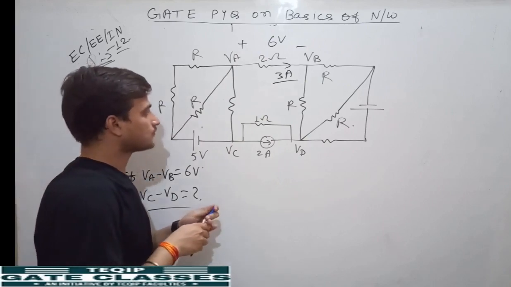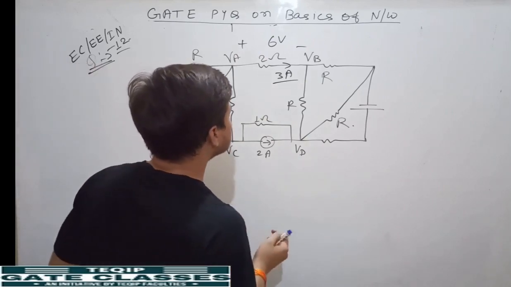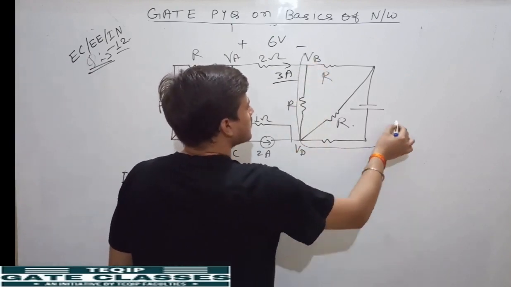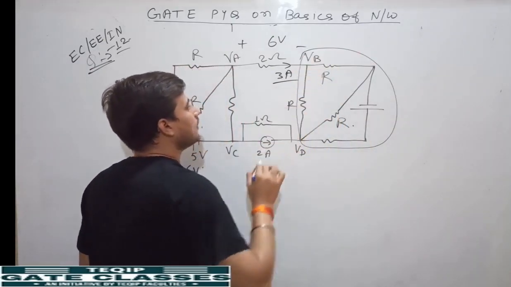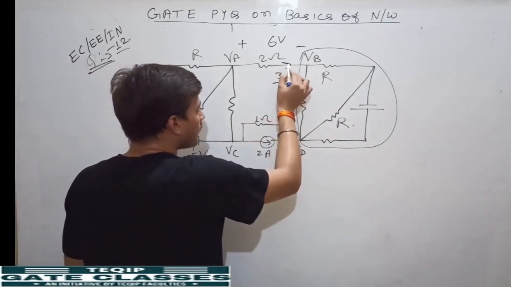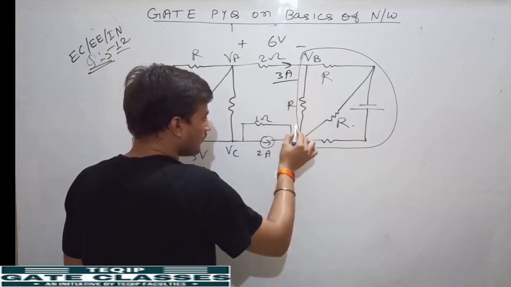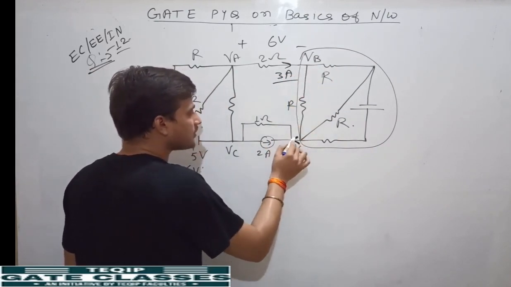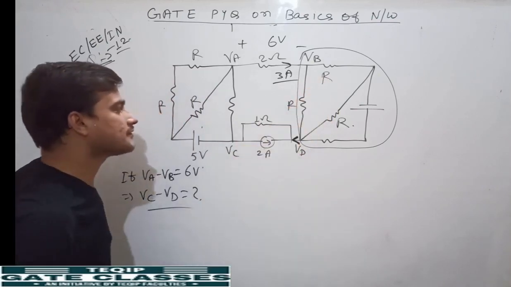Next, you see this network. If 3 ampere of current is entering this network, here you see that this is the one and only exit terminal of this complete network.